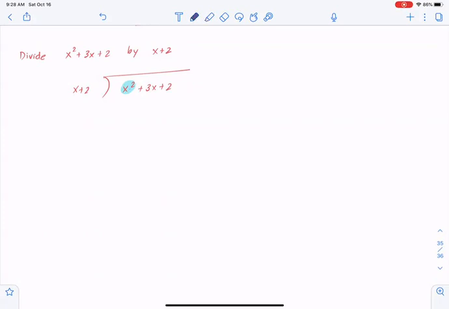Before I get to that, since I have x squared, we only care about that first term. That first term is going to decide what I need here so that I get x squared there.